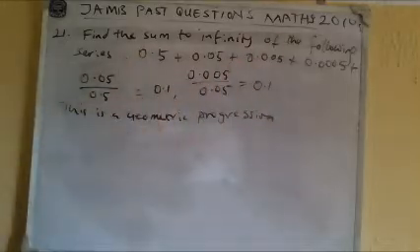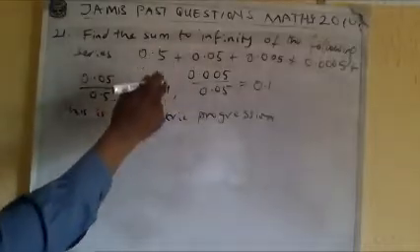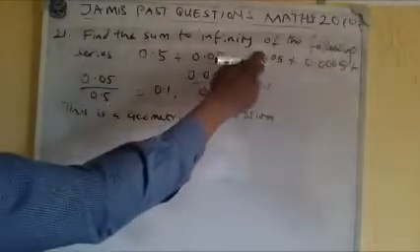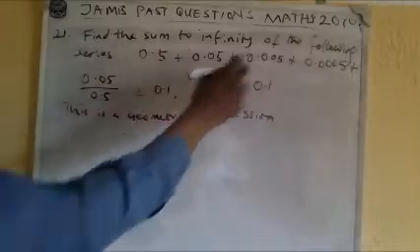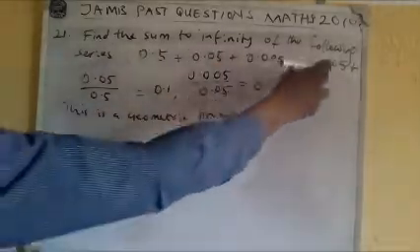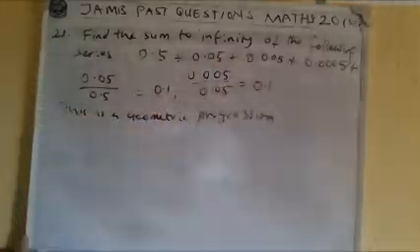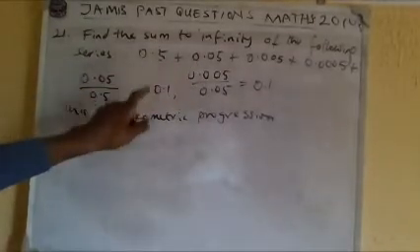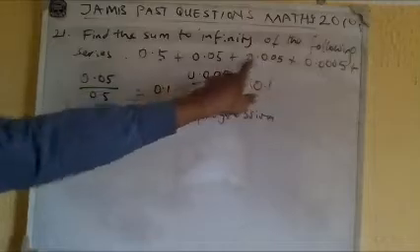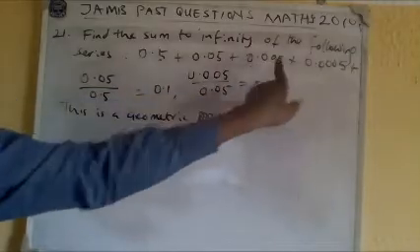Dividing this by this, I get one term; this by this, I get the same number. That series is a geometric progression, and we just proved it here.